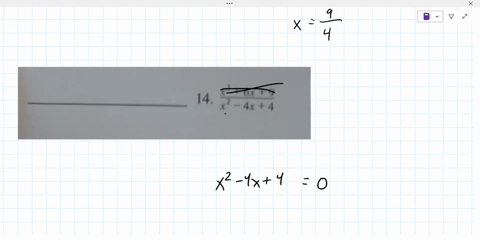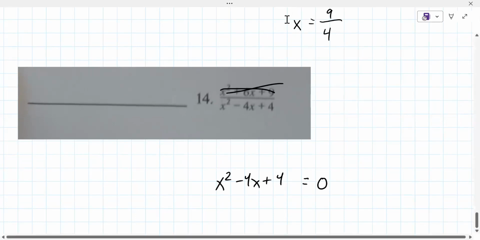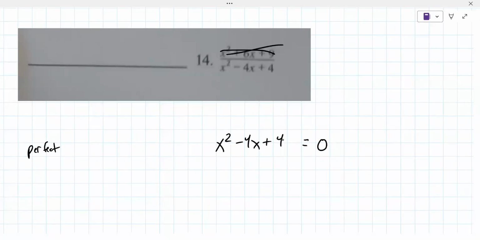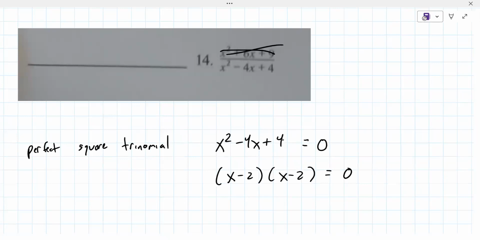All right. Now, in terms of factoring this, I'm going to help here so it won't take forever. But this is called a perfect square trinomial. At least put that in the notes. Perfect square trinomial. This is a type of factoring. So it ends up being x minus 2 equals 0, and it is correct.